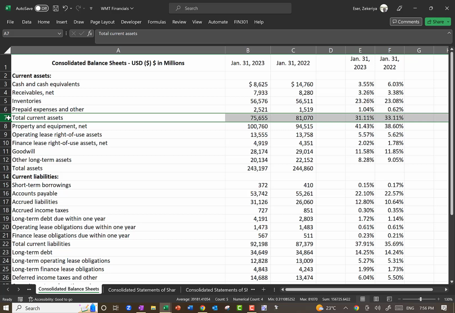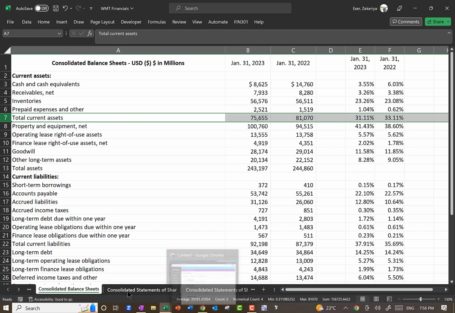So Walmart's balance sheet seems to be a little bit more liquid, but that is also an issue because total assets are based on book value. Maybe Kroger's book value is too high, that we don't know.